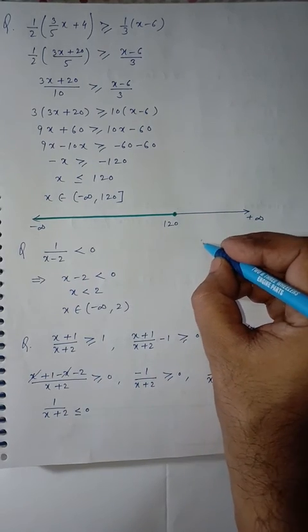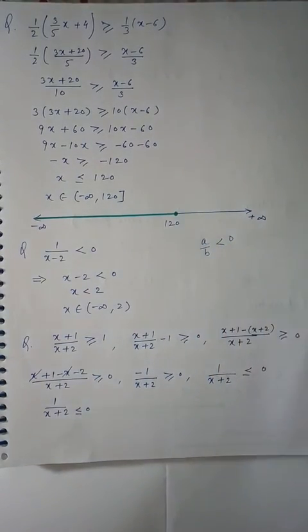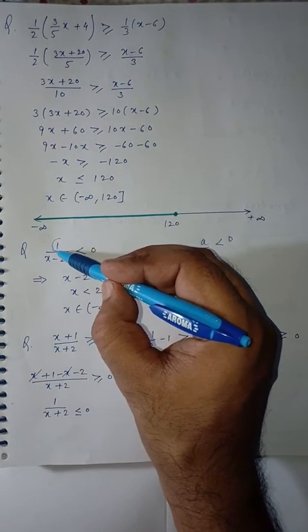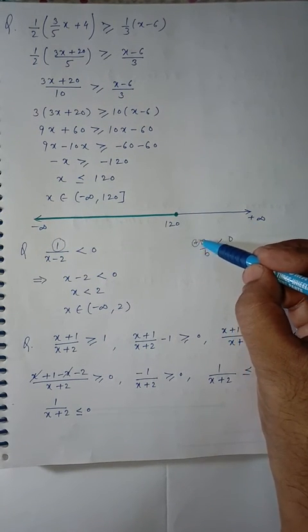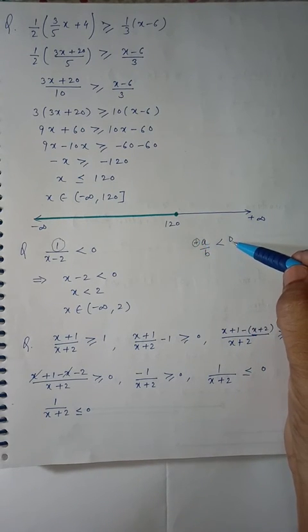When a upon b is less than 0, it means when any fraction is less than 0, and you can observe this numerator is 1, which is always positive. But ultimately the ratio is less than 0.